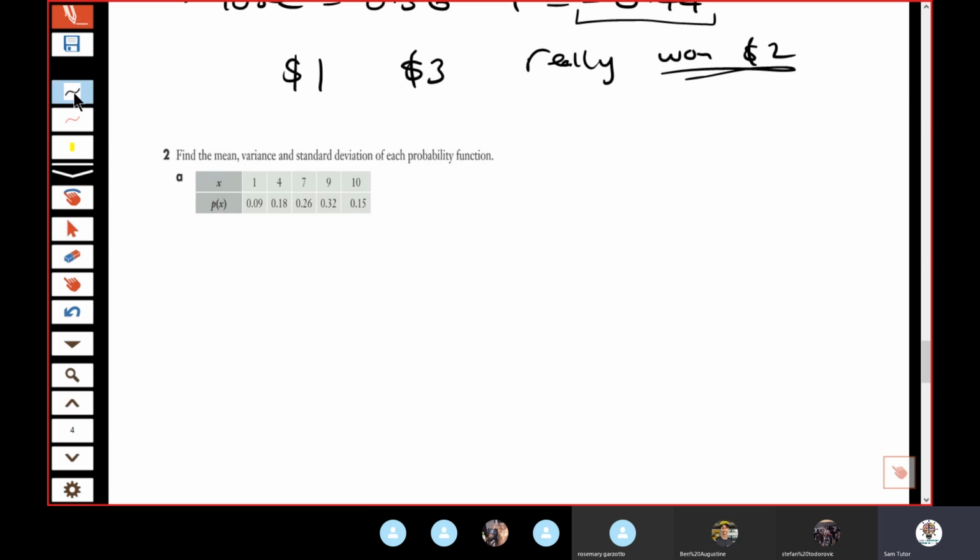All right, I'm not going to say anything for a few minutes. See if you guys can do that. All I'm going to write for you here is the formulas. So E of x, which you'll need for your mean, is mu, which is the sum of your scores multiplied by P of x.